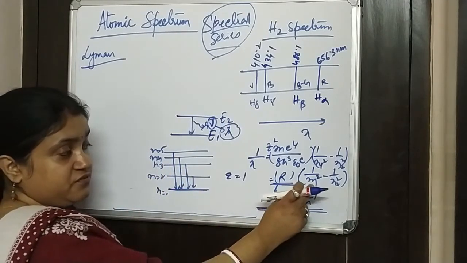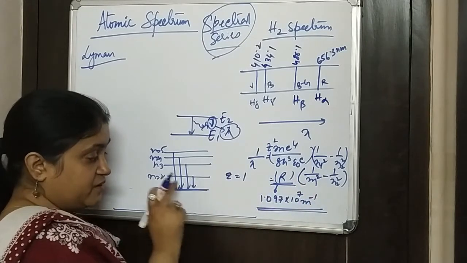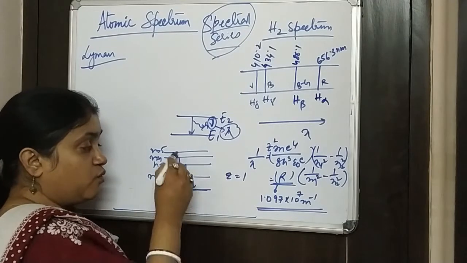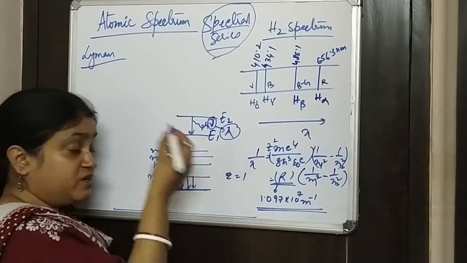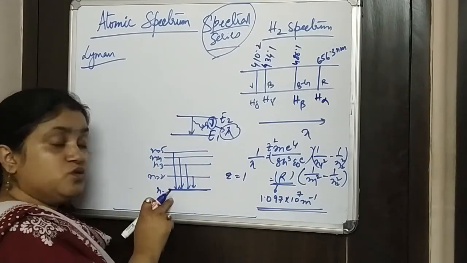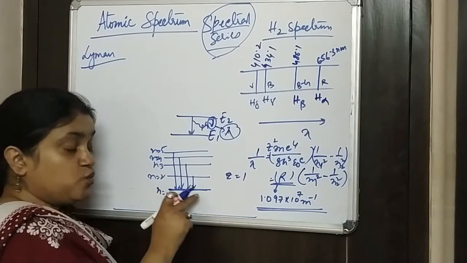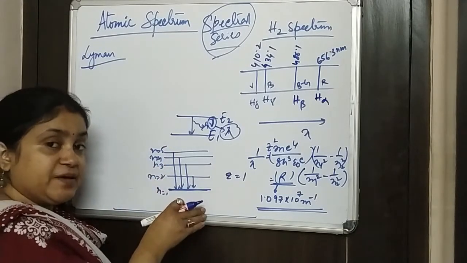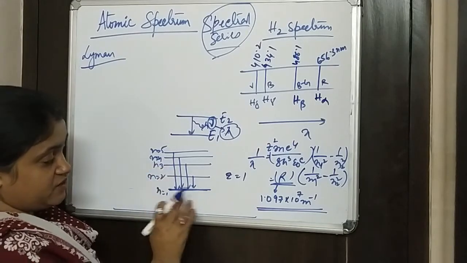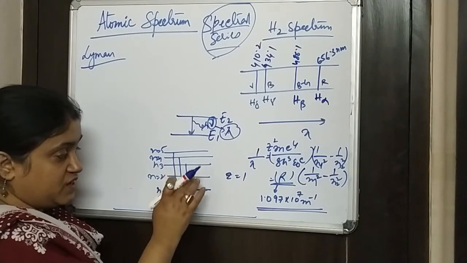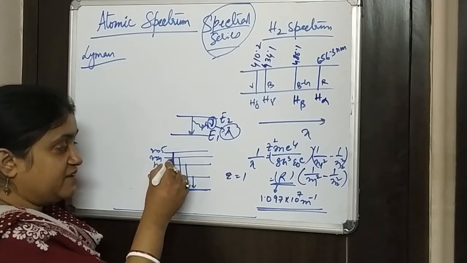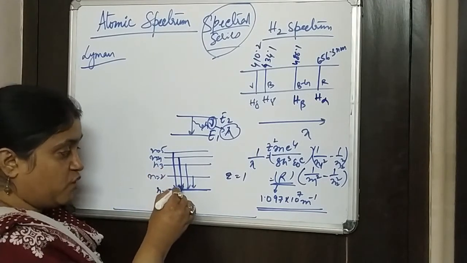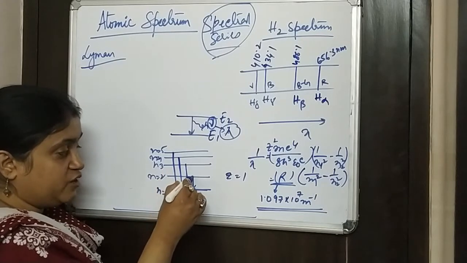Whenever electrons from any other orbit jump to the first, n equal to 1 orbit, we call all of them the Lyman series. So this is a very nice picture of the Lyman series, where n5 to n1, n4 to n1, n3 to n1, n2 to n1.